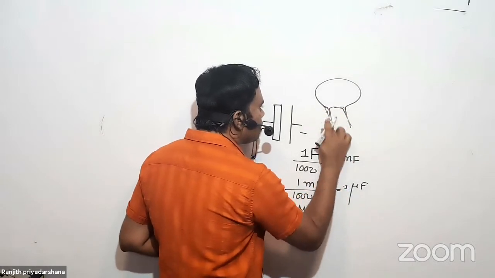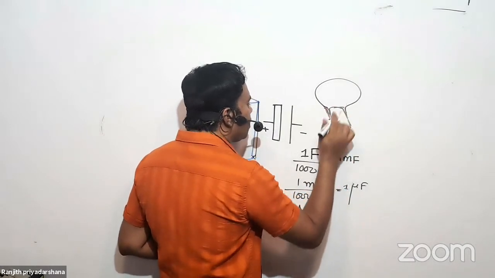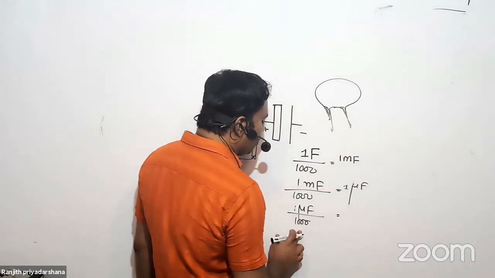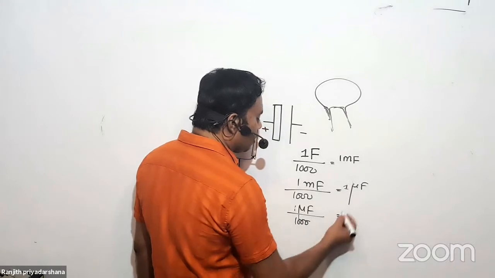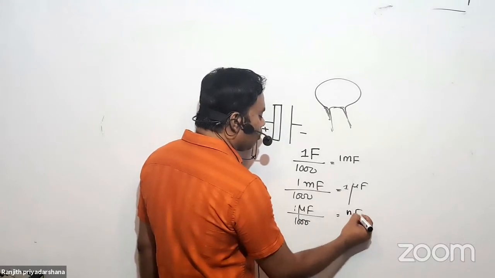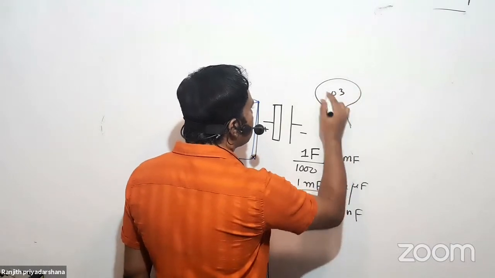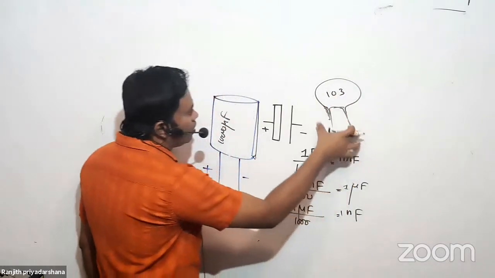Mylar capacitors. Their capacity is very small. The microfarad is divided into 1000, you can end up with nanofarad. There's a code system, like 103, to tell the capacity.